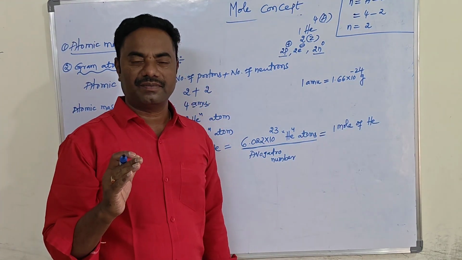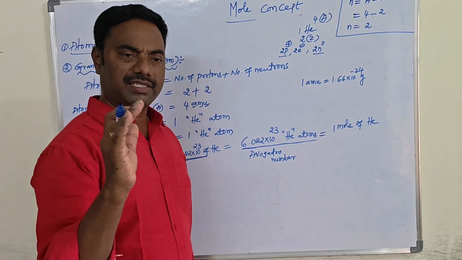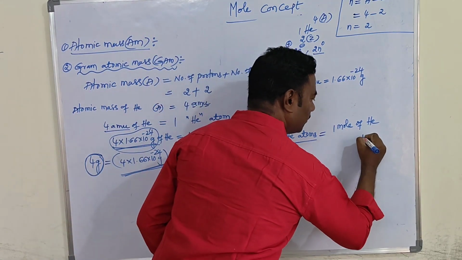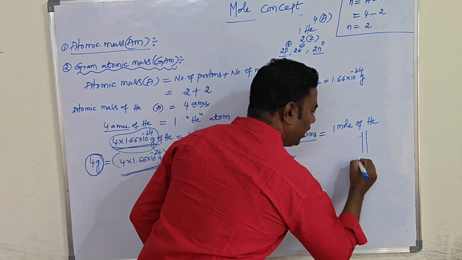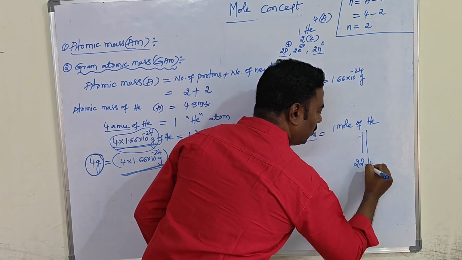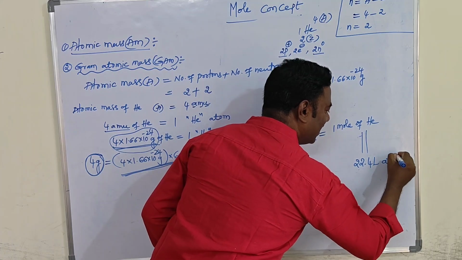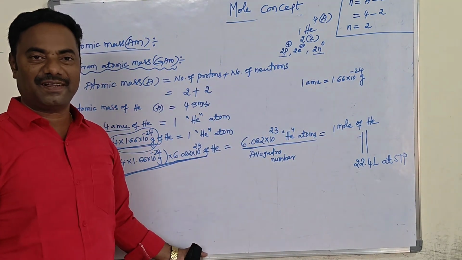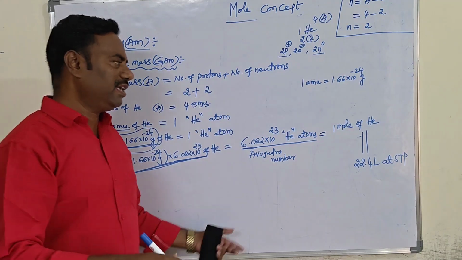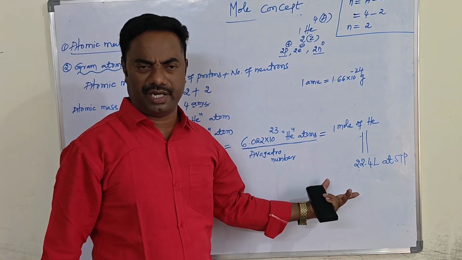Helium is a gas. 1 mole of any gas occupies 22.4 liters at STP, standard temperature and pressure. 1 mole of any gas, whether it is helium or nitrogen or oxygen.